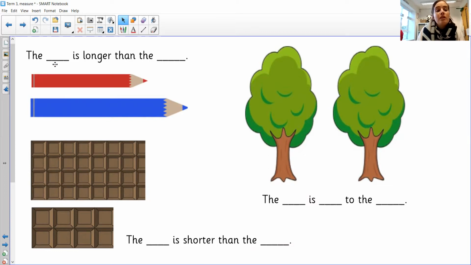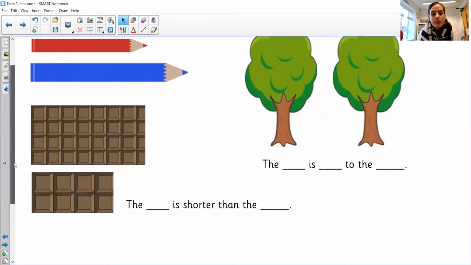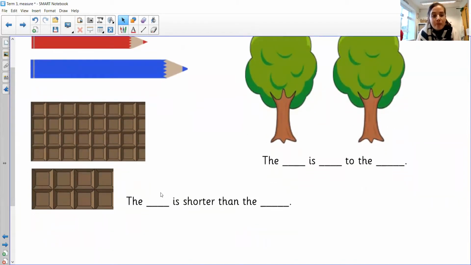The blue pencil is longer than the red pencil. The red pencil is shorter and the blue pencil is longer. And we've got chocolate pieces down here. We could say the second piece of chocolate is shorter than the first piece of chocolate. Okay, so this one is shorter than this one.